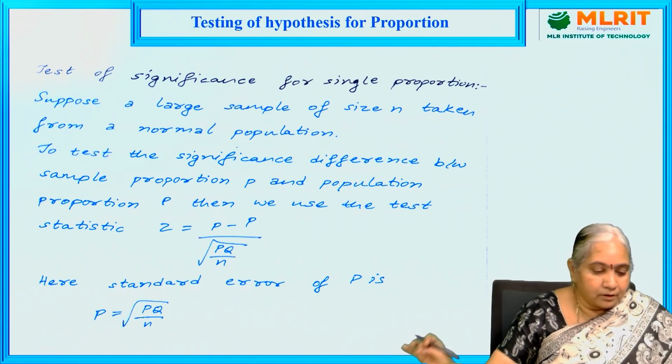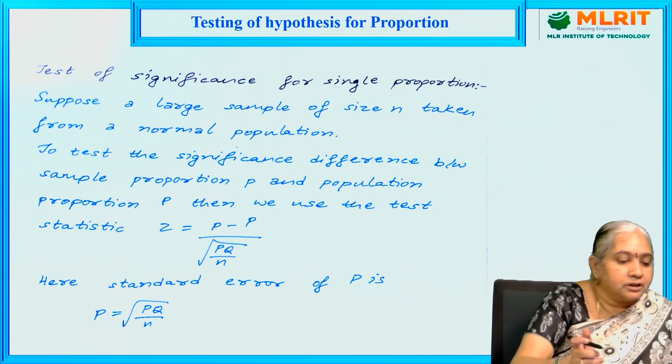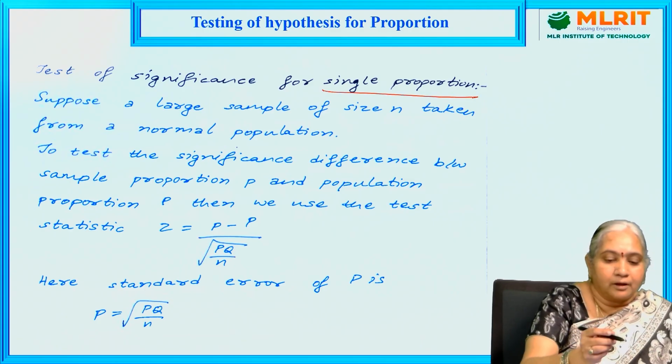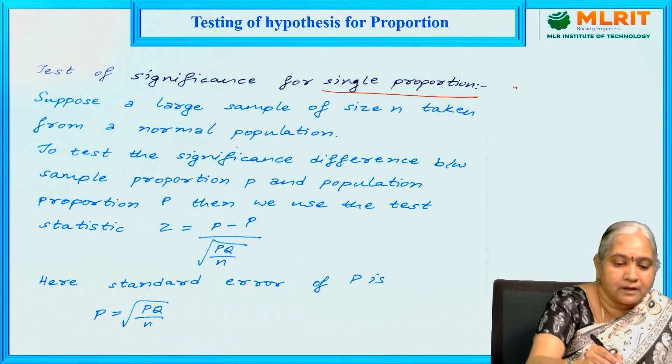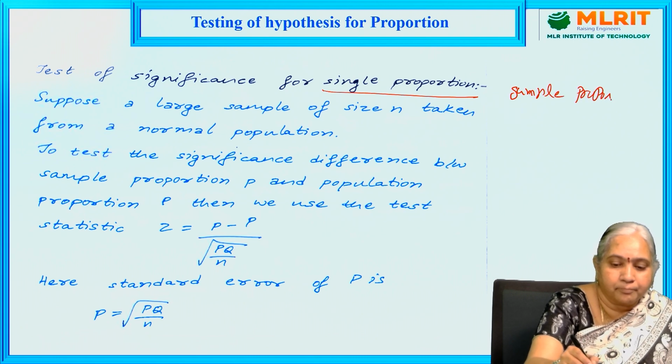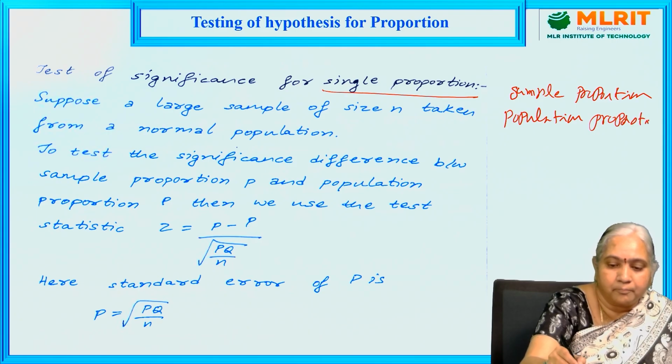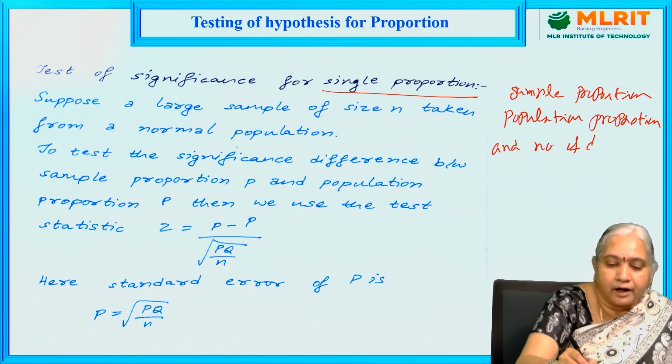Now, we are studying the single proportion. In this type, the questions will give the sample proportion and population proportion, and the number of defective items.